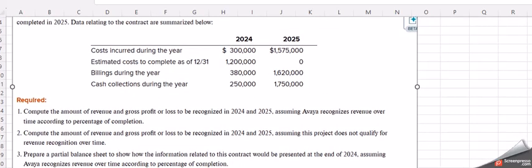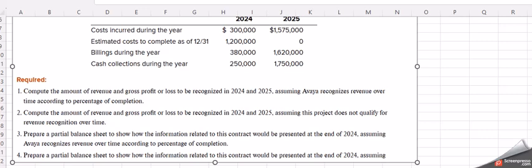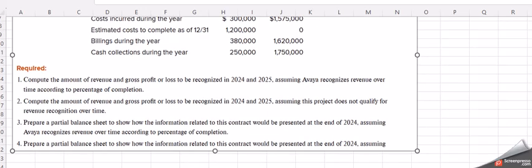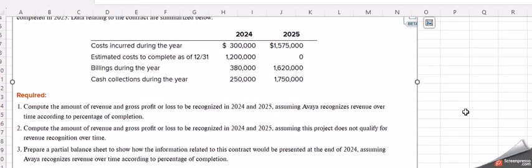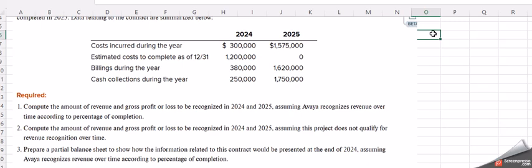So the first thing it asks is compute the amount of revenue and gross profit to be recognized. So maybe I can do that over to the side. Okay. So if we come here and say, okay, we'll start with our revenue. 2024 and 2025.